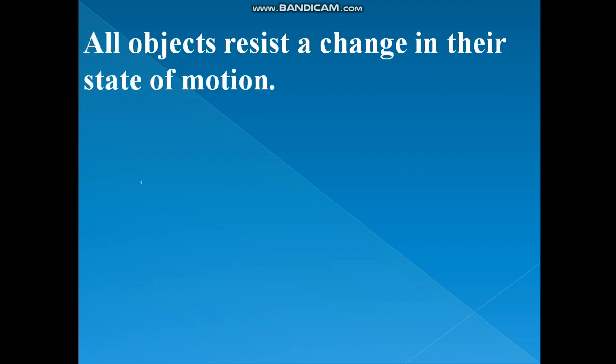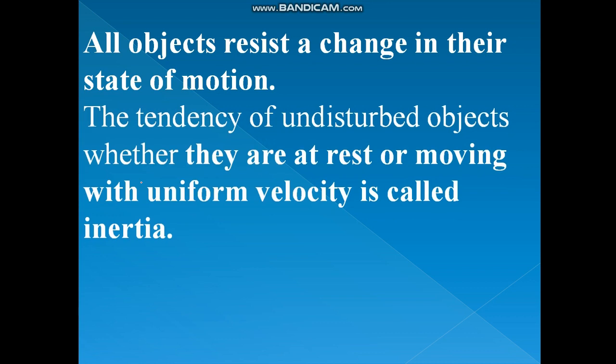So remember, an object resists a change in its state of motion. The tendency of undisturbed objects, whether they are at rest or moving with uniform velocity, is called inertia. Now see, over here, what are we saying? We are talking of the bodies at rest.